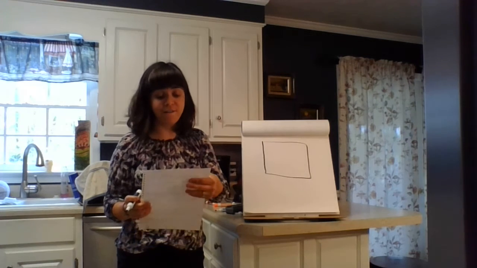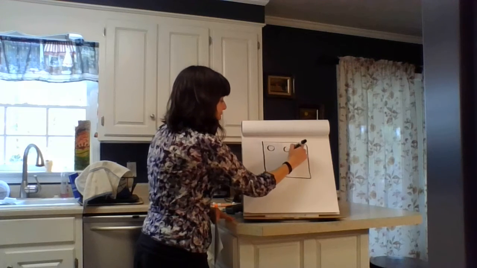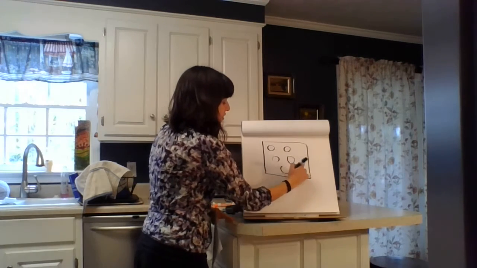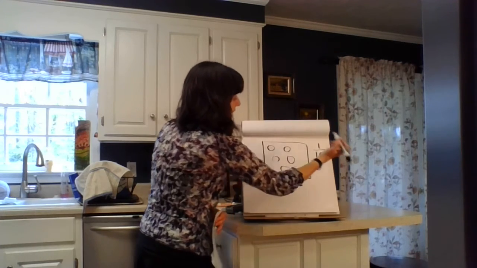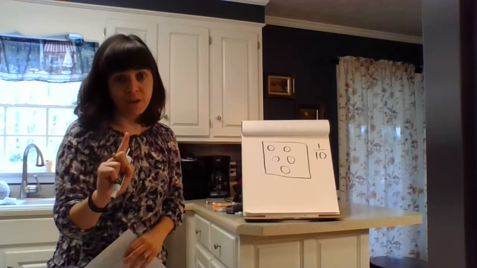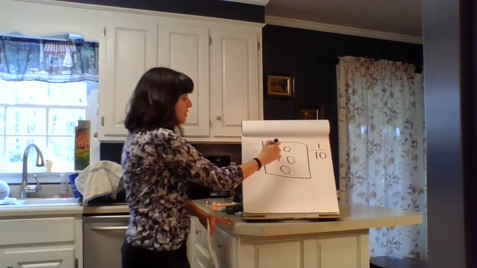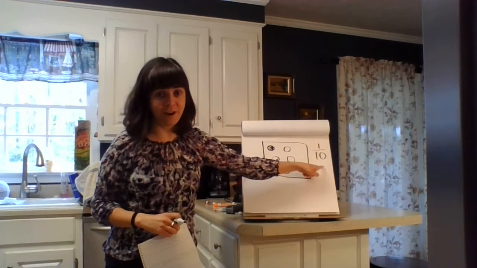Okay, each cookie in a box has the same weight. The total weight of 5 cookies is 1/10 kilograms. So I have 5 cookies, and the total weight is 1/10 kilogram. Okay? Now, it says, what is the weight of one cookie? One of these cookies is not going to weigh more than 1/10 kilograms.